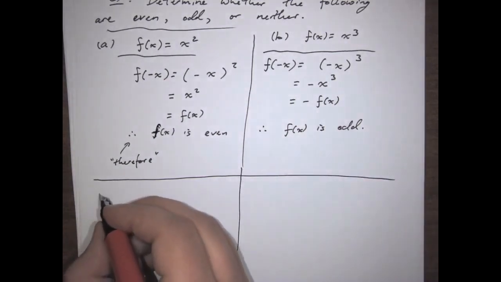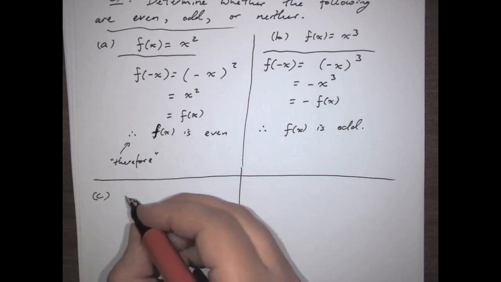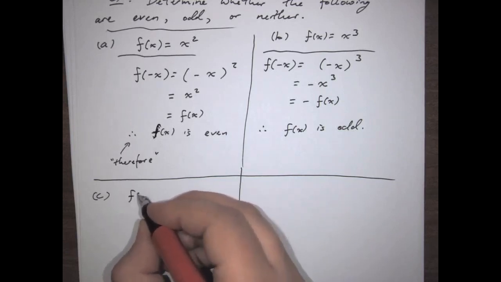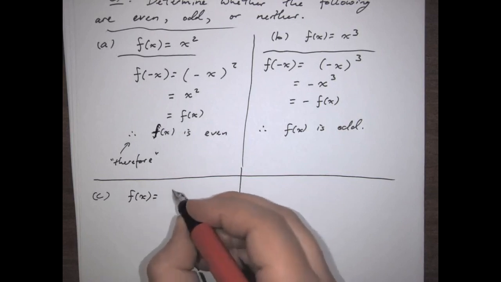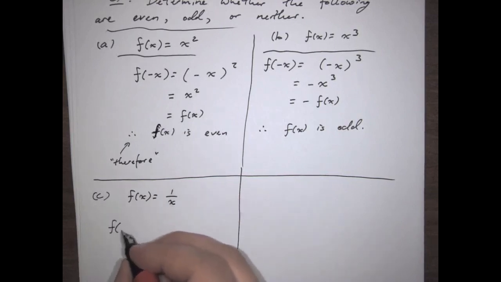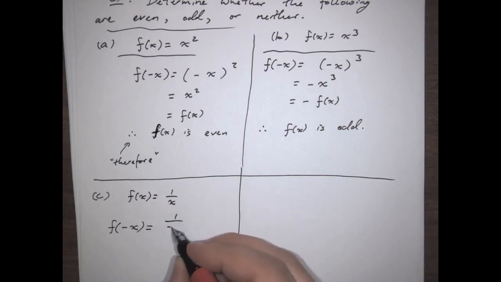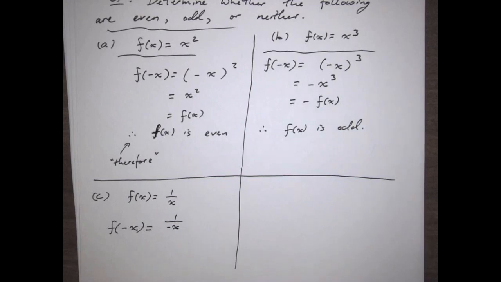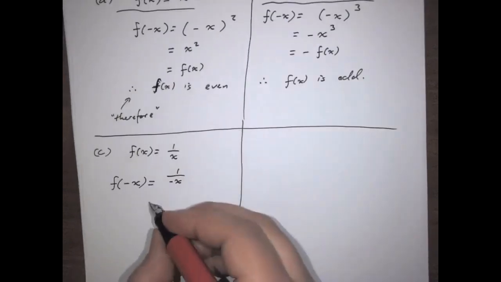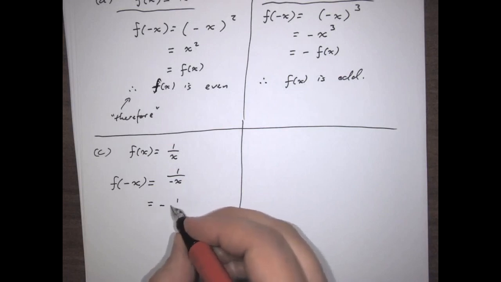Now let's go with the reciprocal function. So what's it going to mean if we change an x to a negative x here? Well, 1 divided by negative x. But if you divide by a negative, that makes a negative result.